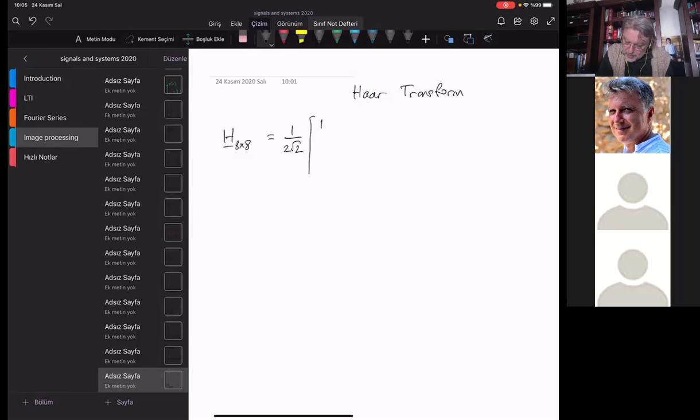So we have 1, 1, 1, 1, 1, 1, 1, 1, which is the DC at the top. And then we will split it into two sections of left and right and say that the left-hand side is positive and the right-hand side is negative.